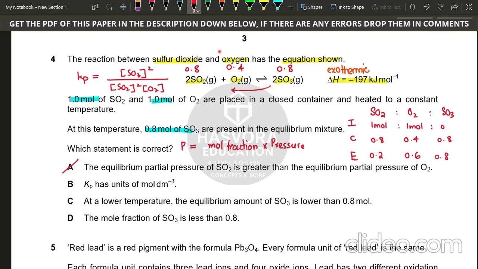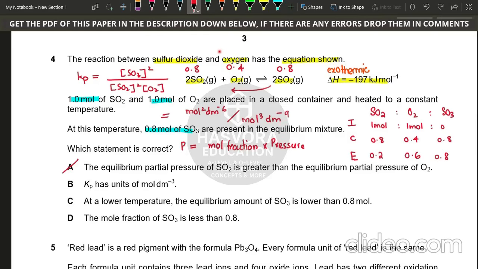So actually what will be the units in the numerator and the denominator? It will be mol^2 dm^-6 divided by, now we have mol^2 dm^-6 in the denominator as well, but it is going to be multiplied with mol dm^-3. So it is going to become mol^3 dm^-9.